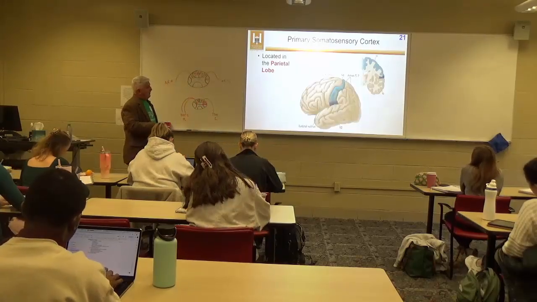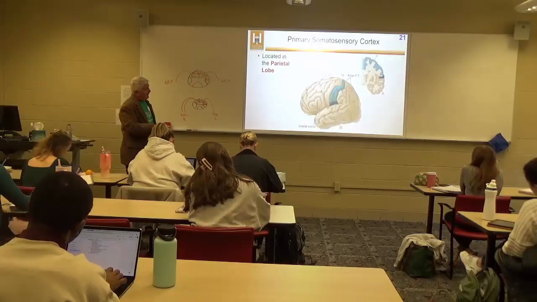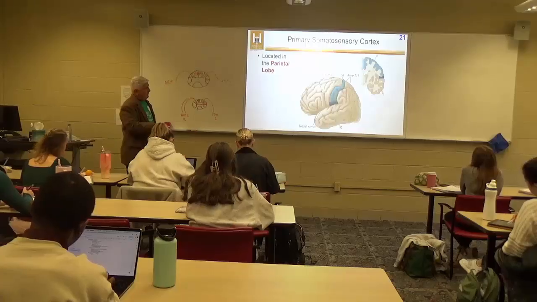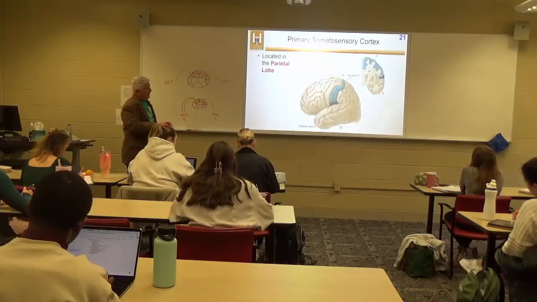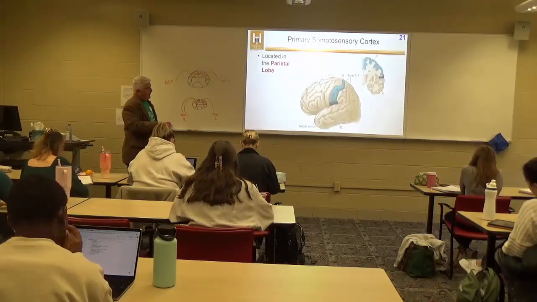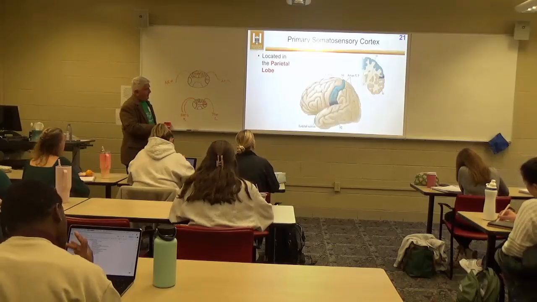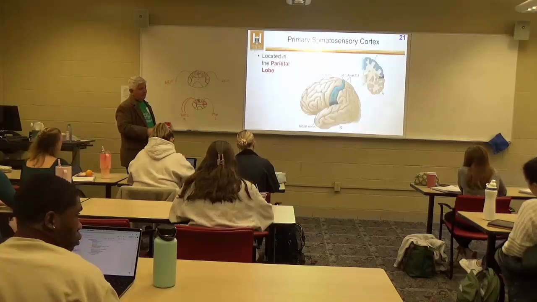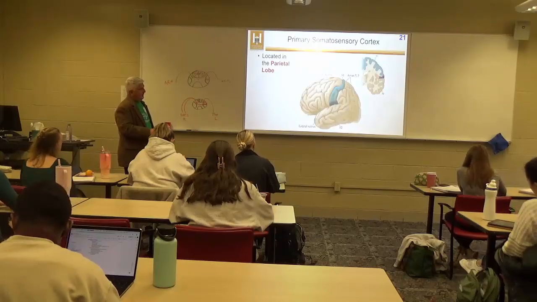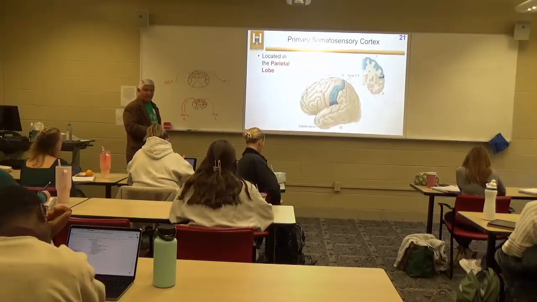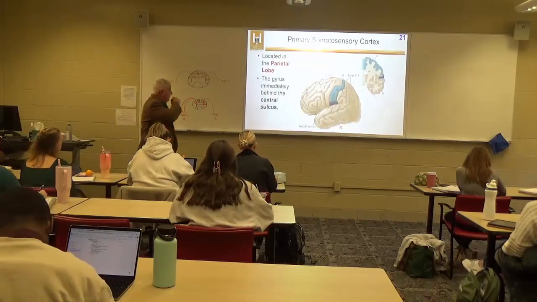Right? And it stretches or reaches from the corpus callosum. So there's part of S1 that's on the inside of the longitudinal fissure, and then it wraps around and comes around into the lateral sulcus, which is separating the parietal lobe from the temporal lobe, inside here.